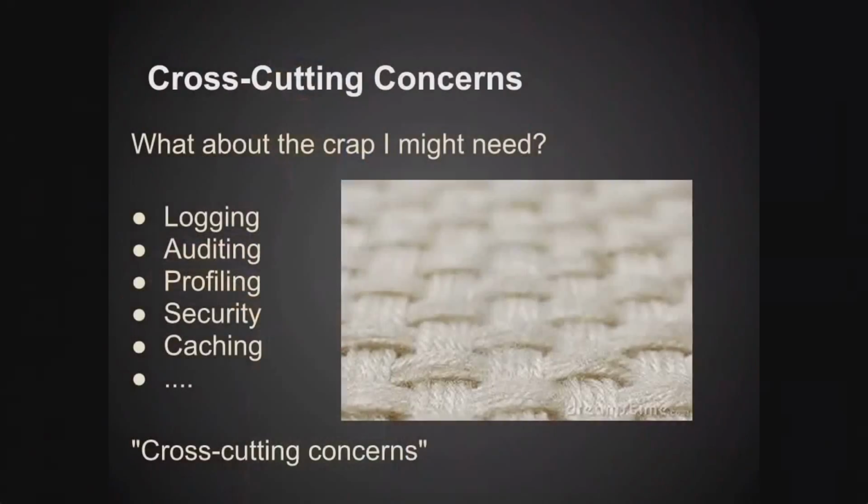And the question is, how do we weave these cross-cutting concerns into the fabric of our application here? We know we don't want to pollute our interfaces with logging or with any of this other stuff because you might need it, you might not need it. Not all classes might want logging. So how do we bring all this stuff together?